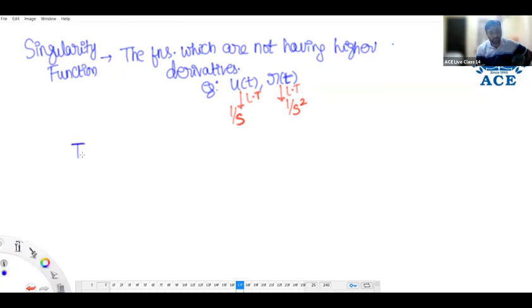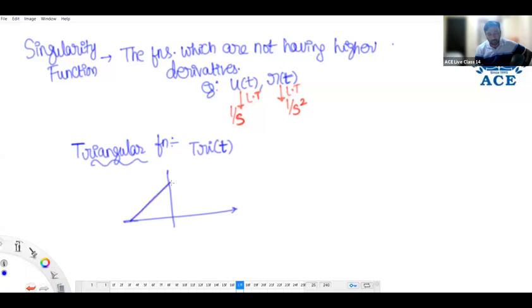Of course, from ramp signal only we are forming triangular functions, represented as tri of t.